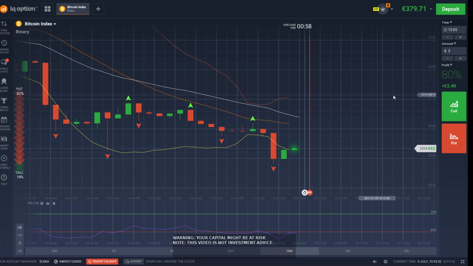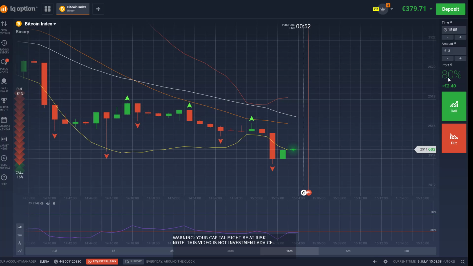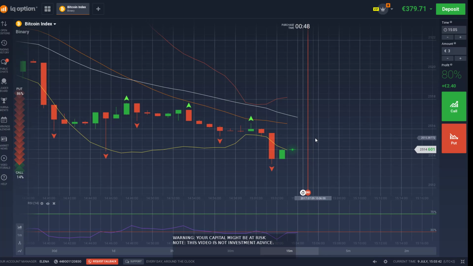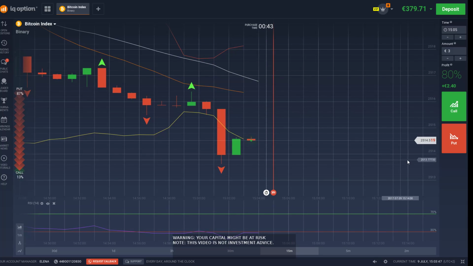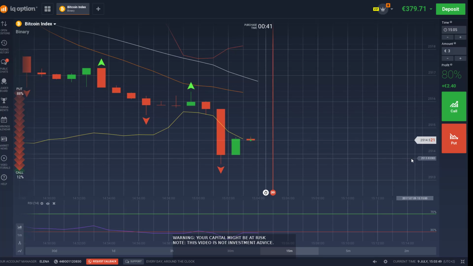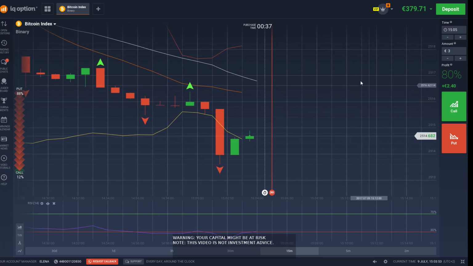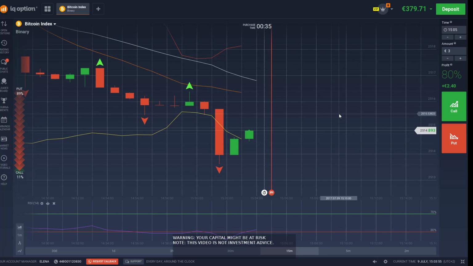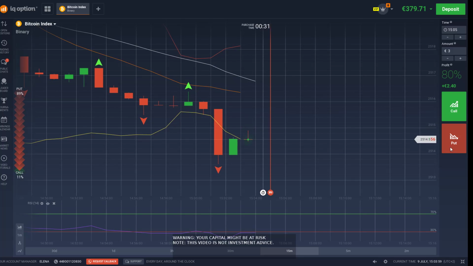We have an investment of €3 and a payout of 80%, meaning the return would be €2.30. And the strike price you can see here is currently 2,515.521, and you can decide to do a call or a put.